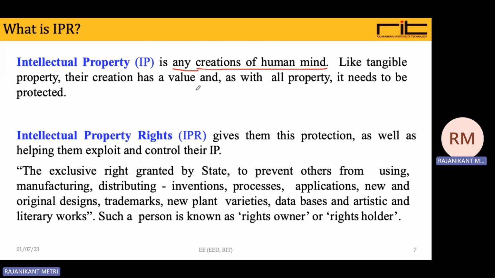That is nothing but the creation of the human mind. Then, like tangible property, their creation has a value, and as with all property, it needs to be protected. And this created thing is like a tangible property for that person, and it needs to be protected.